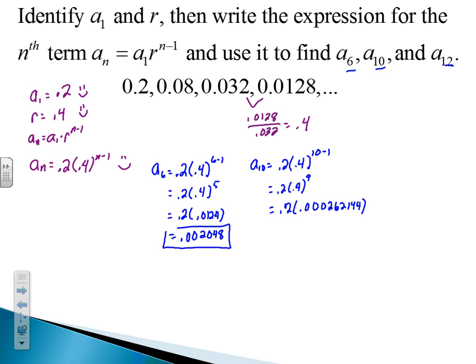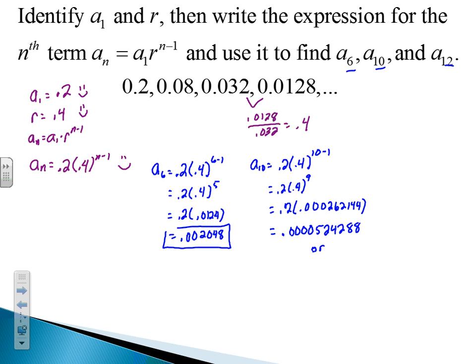That is a very small number. And I'm multiplying that by 0.2, and I'm going to get 0.0000524288.